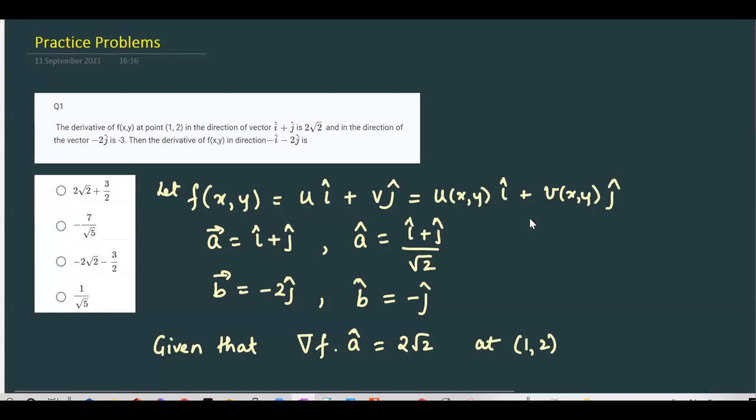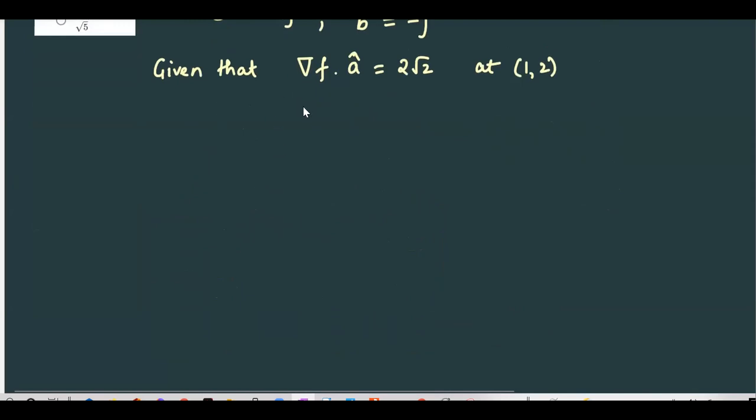So the derivative of f of x comma y at 1 comma 2 in the direction of I plus j is this, and in the direction of minus 2j is minus 3. So grad f dot b cap is minus 3 at 1 comma 2.